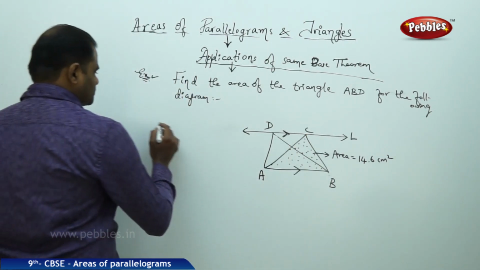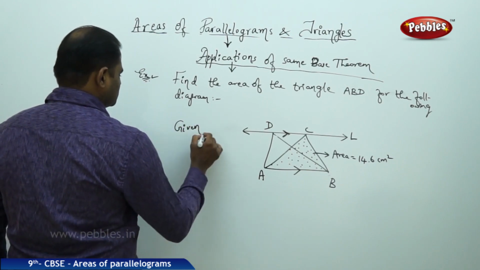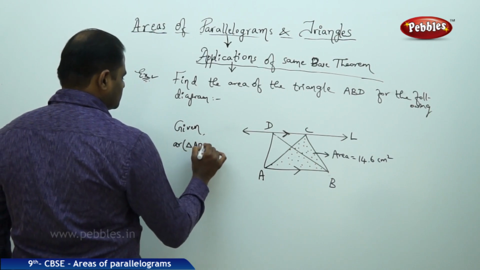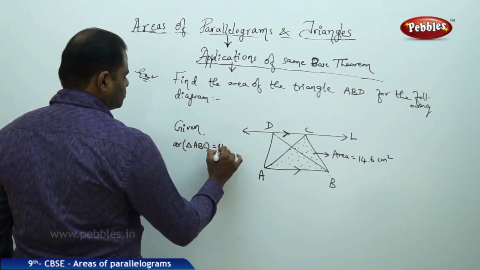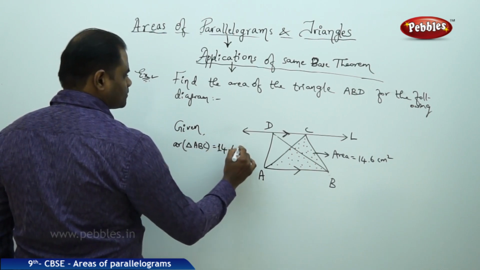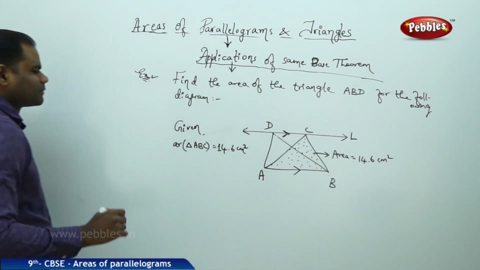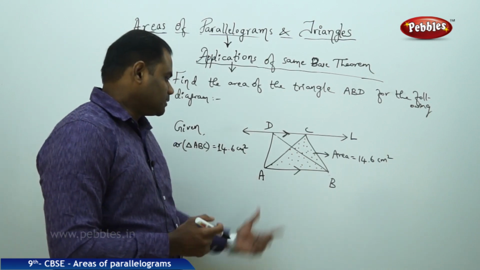That is, given the area of triangle ABC is 14.6 centimeter square, and AB is the same base.